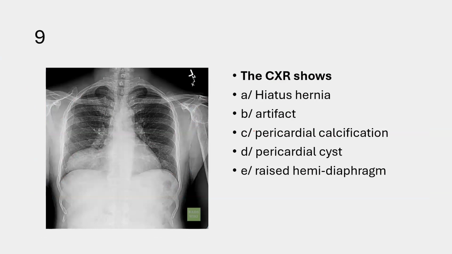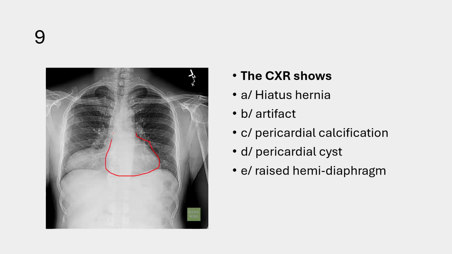Okay. This chest X-ray shows what? Hiatus hernia, artifact, pericardial calcification, pericardial cyst, raised hemidiaphragm. Which one? You look at the heart here, this is the heart contour or silhouette.